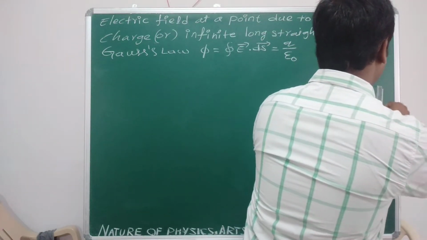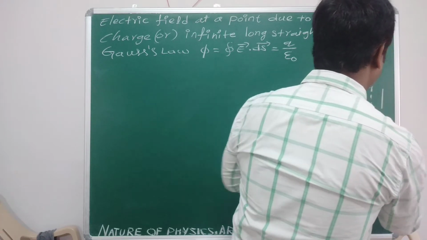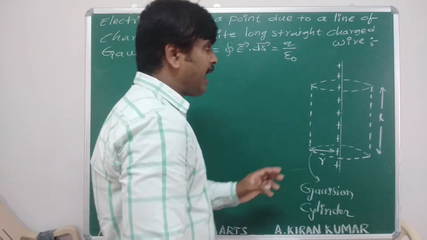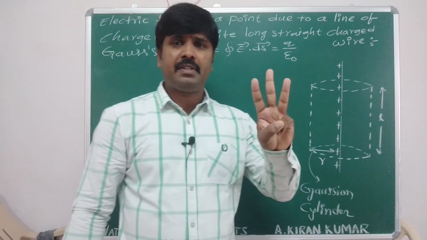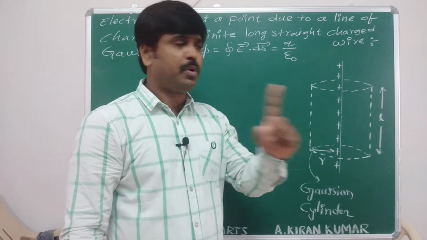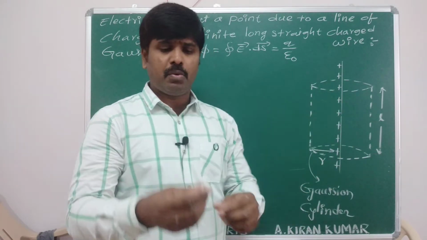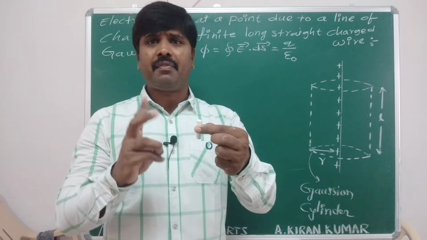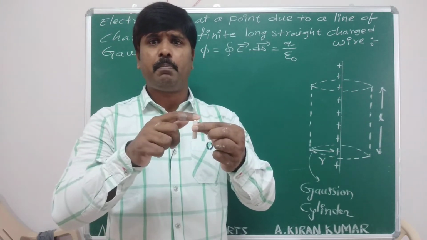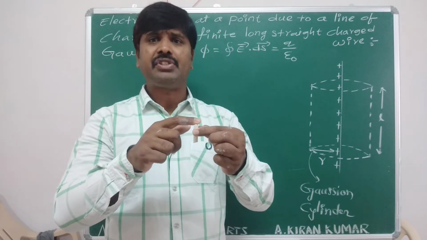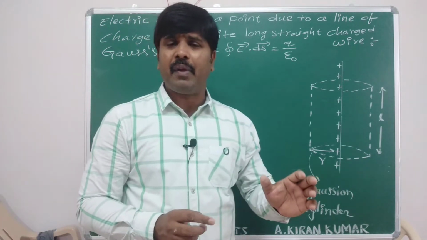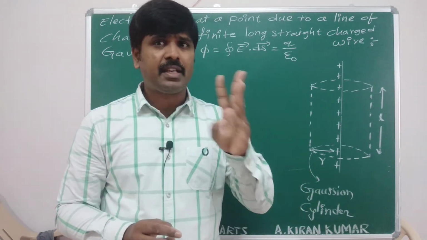This cylinder has total 3 surfaces, of which 2 are plane surfaces and 1 is a curved surface. For example, a chalk piece has 3 surfaces: 2 plane surfaces, top and bottom, and 1 curved surface. For this, the electric flux we have to find with the help of 3 surfaces.